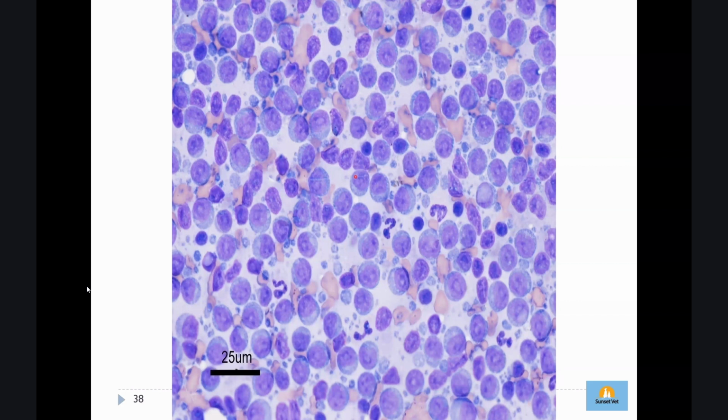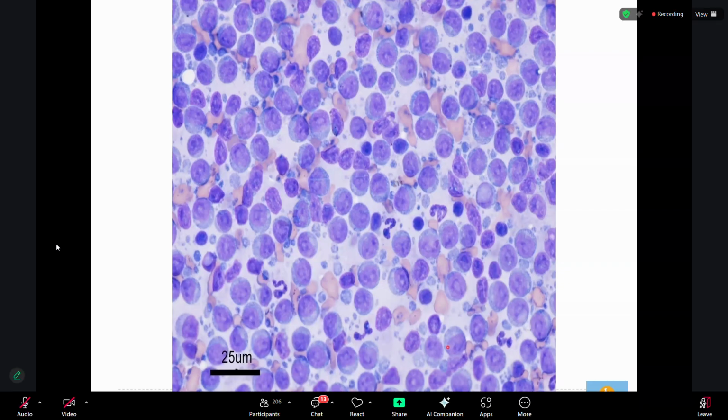Yes or no? No, I don't think there's any vacuoles. So you can take a look here again. The vacuole means bubbles in the cytoplasm. Is there any granules?